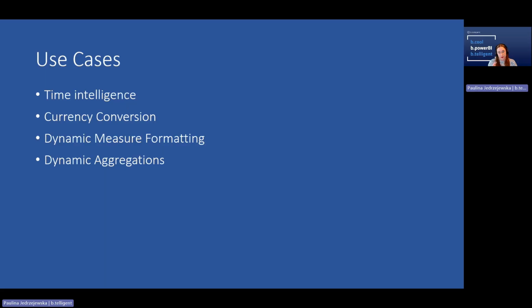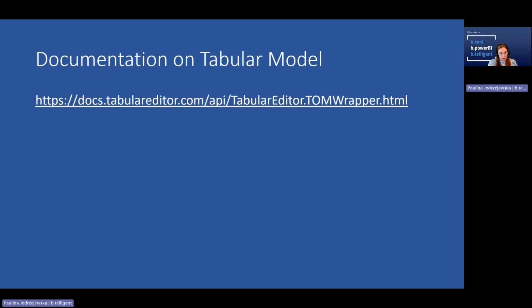It's more focused on the scripts. And last thing, documentation for tabular model. It's also important. If we will be working with Tabular Editor and tabular model objects, and if you need any documentation, it will be in the slides.